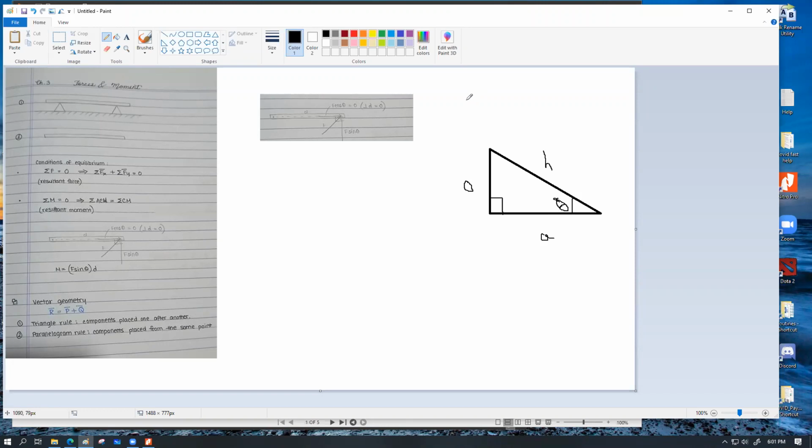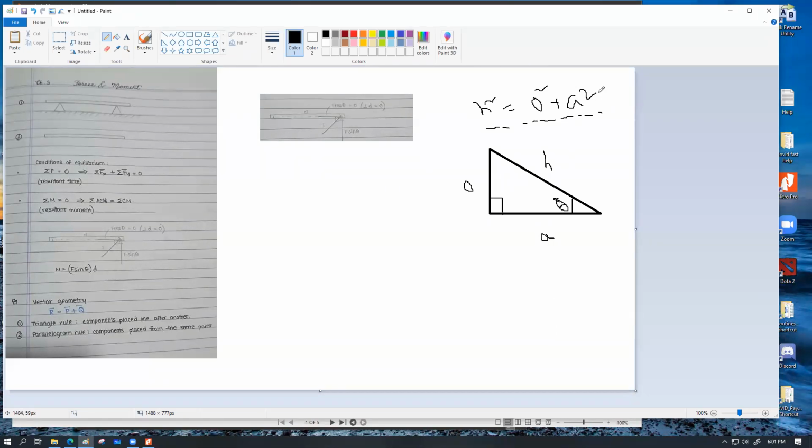Now, Pythagoras' law is very simple. It gives us that h square equals o square plus a square. So we don't have any problem over that. The sum of the squares of these two sides gives you the square of the hypotenuse, which is basically the Pythagorean rule.